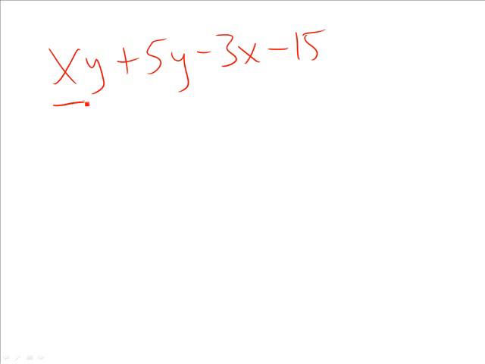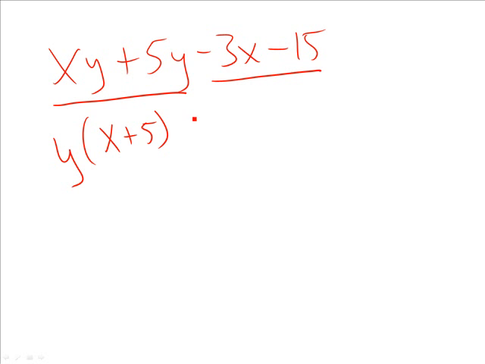But if we were to group these two terms together and look just at those two, we would notice there is a common factor between those two. We have a common y that we can pull out. Factoring out the common y, we're left with an x plus 5.